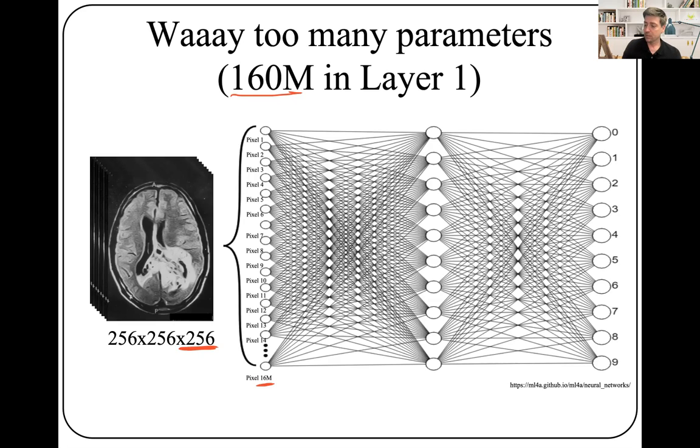So basically, what this means is that a multi-layer perceptron, which is fully connected, for which every neuron in one layer is connected to every neuron in the following layer and the previous layer, is not going to work for large images, or even less for 3D images.